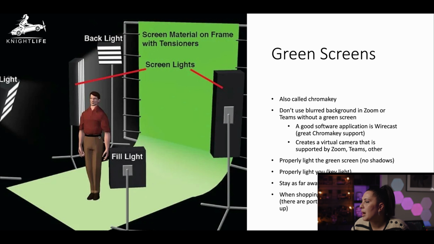A good software application to use with chroma key support is an application called Wirecast. I use it. It's what I'm using to actually film this video right now. You can create a virtual camera that is supported by Zoom and Teams. Wirecast has this virtual camera support, which is really cool.